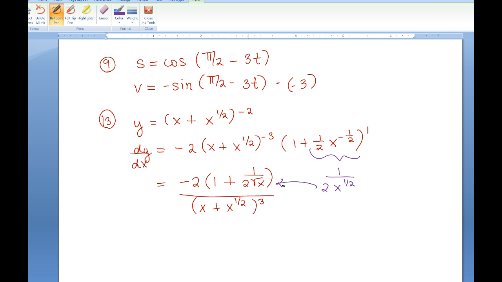If you wrote it out separately, you have -2 times 1 over x plus x to the 1/2 to the 3rd power, times 1 over 2x to the 1/2.